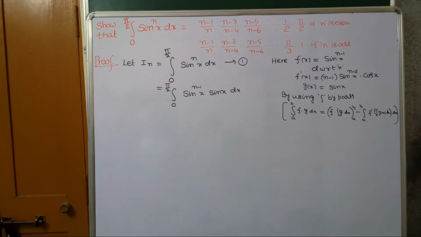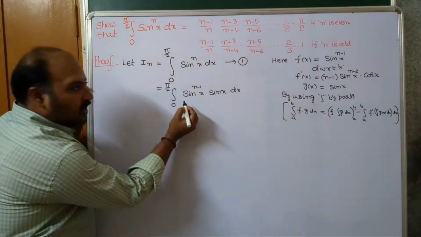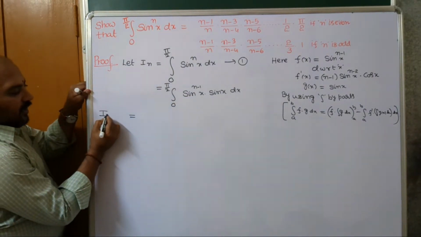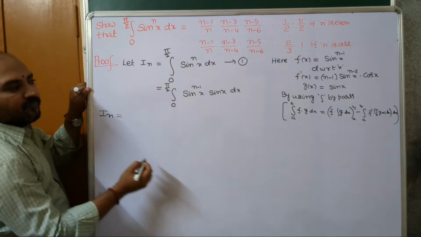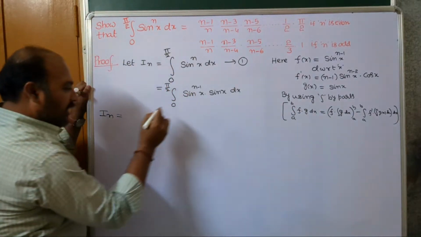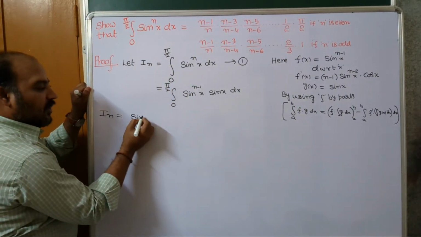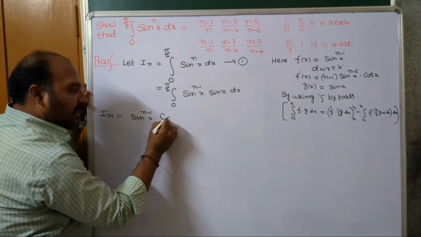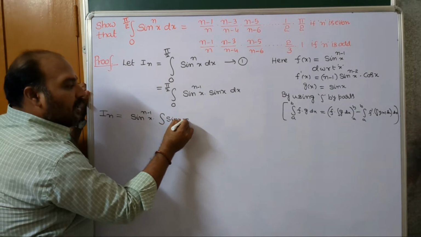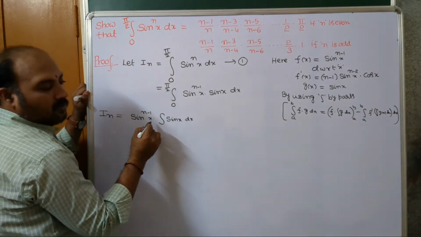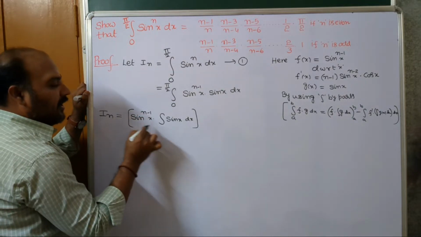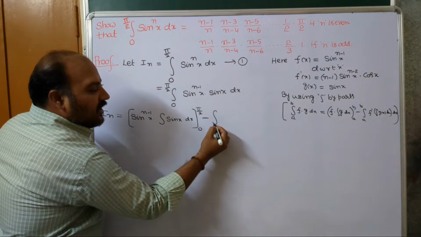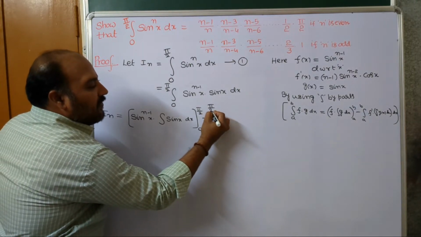Very good. So now this is f of x. So I_n is equal to, according to this, f of x, that means sine power n minus 1 x into integral g of x, integral sin x dx, applying the limits 0 to pi by 2, minus integral 0 to pi by 2 f dash of x.